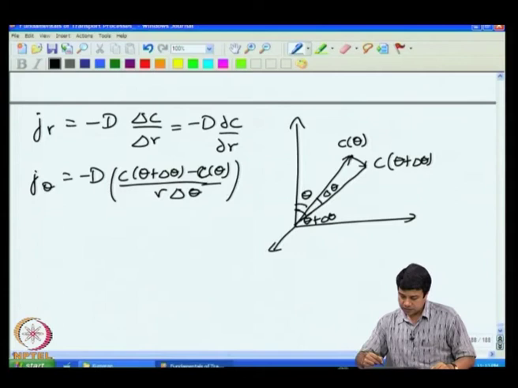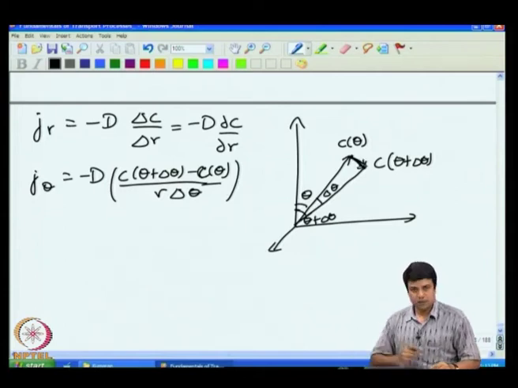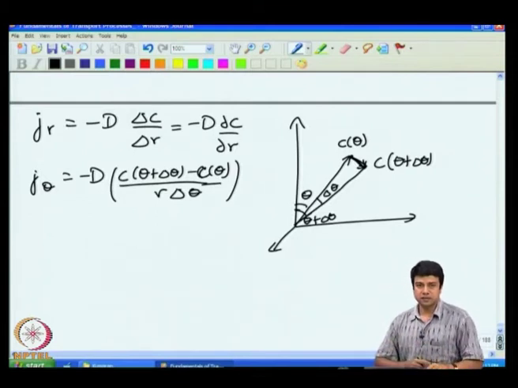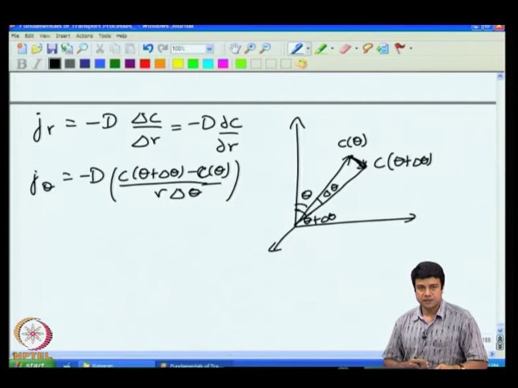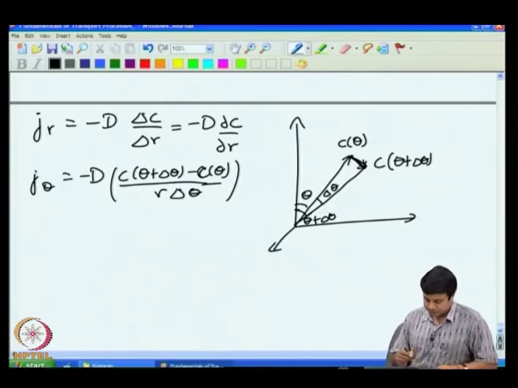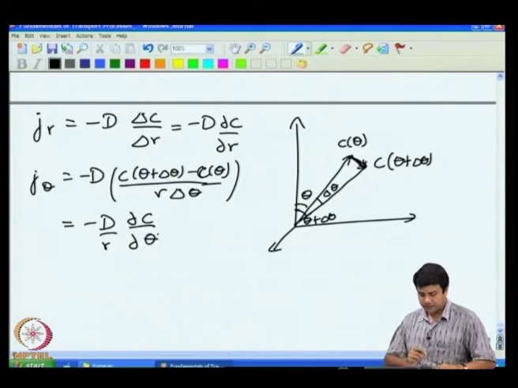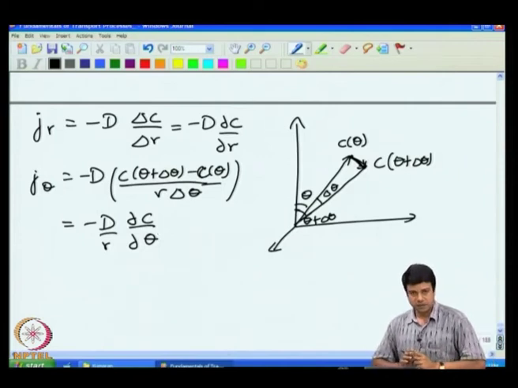Therefore, this is equal to minus D by r times partial c by partial theta.